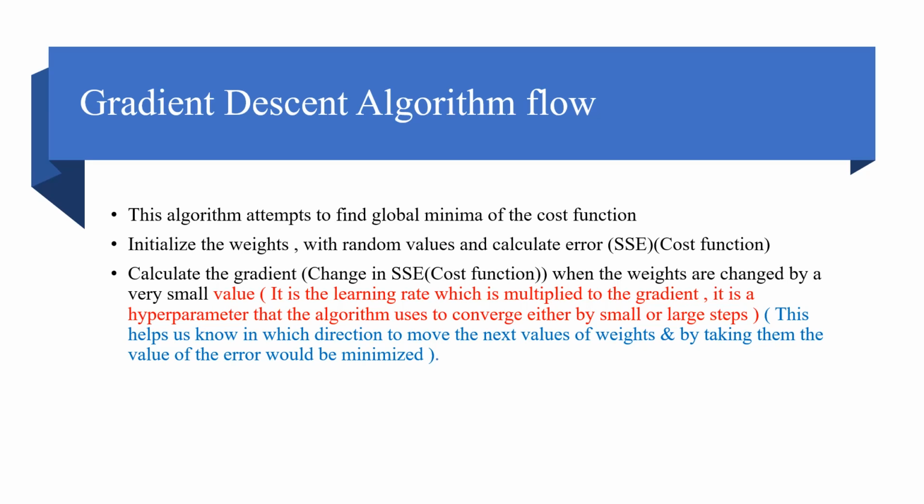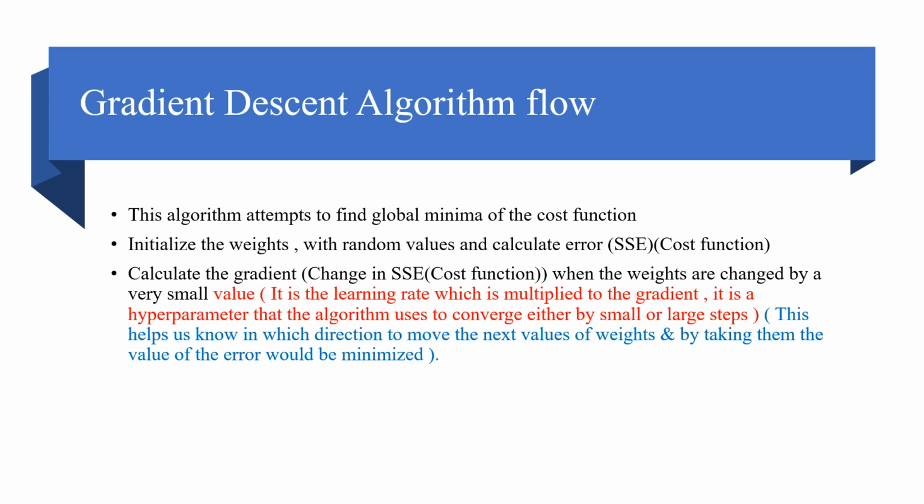After it has initialized with random values, you need to change them, and by changing them you need to know which direction you are going. So the gradient basically tells you which direction to go.